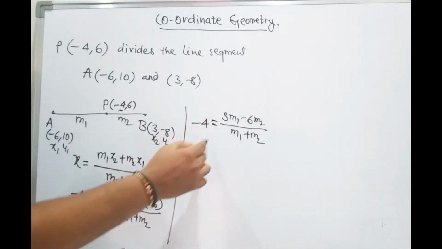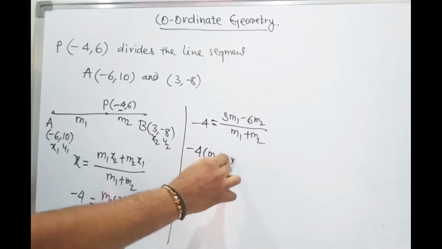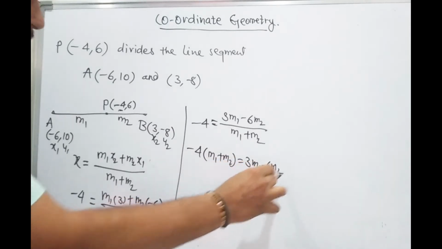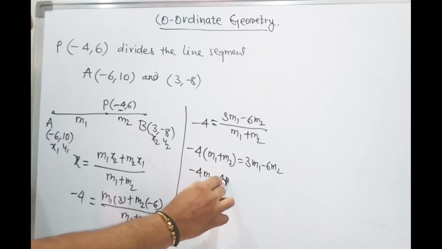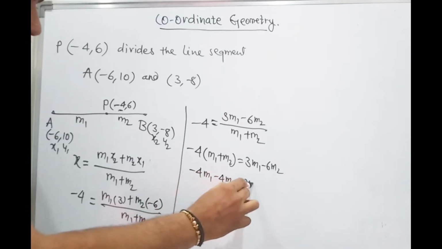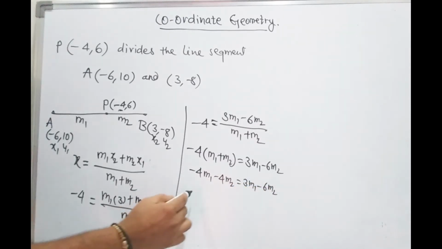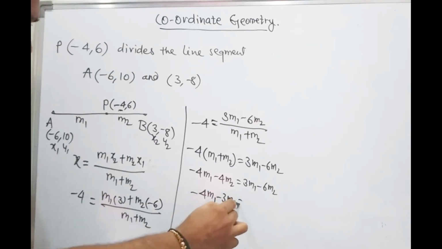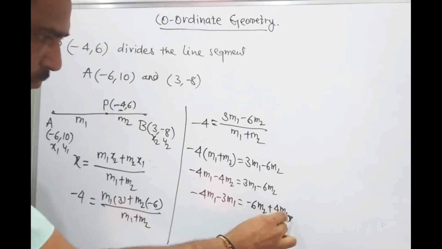Now by cross multiplication we get -4 into m1 plus m2 is equal to 3m1 minus 6m2. So -4m1 minus 4m2 is equal to 3m1 minus 6m2. So -4m1 minus 3m1 is equal to -6m2 plus 4m2.